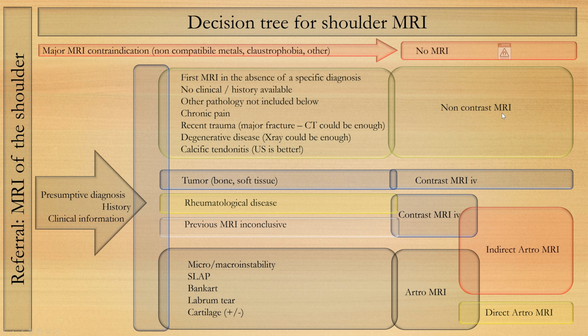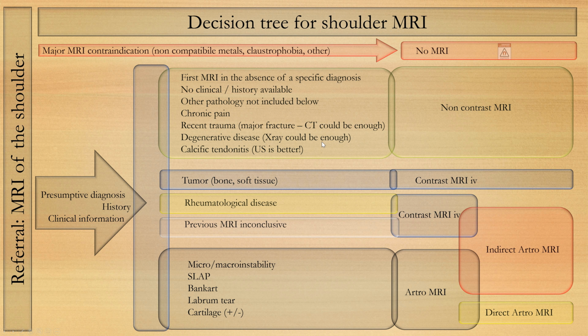We choose to do a non-contrast MRI in most of the cases. When it is a first MRI in the absence of specific diagnosis, or we have no clinical or history available, when there is a chronic pain or recent trauma, but keep in mind that in a major fracture, the CT will be better because it is faster and the patient could not stand the MRI examination.